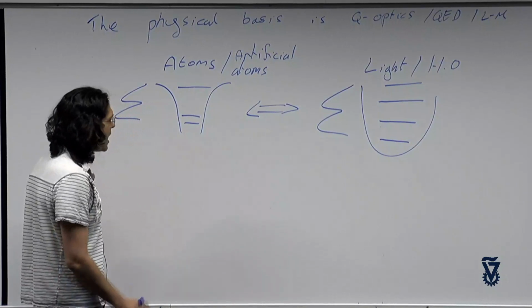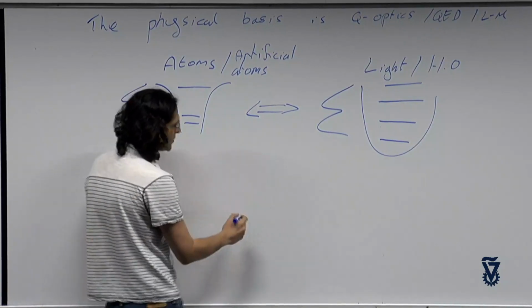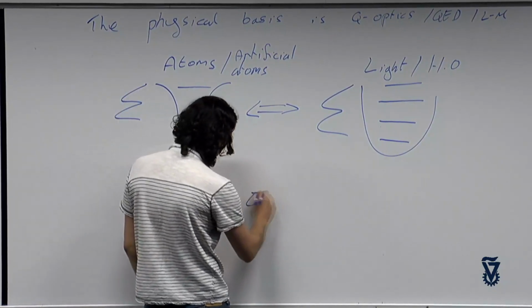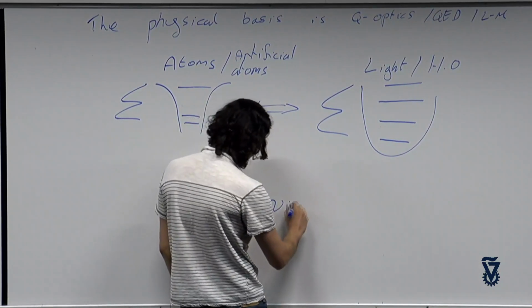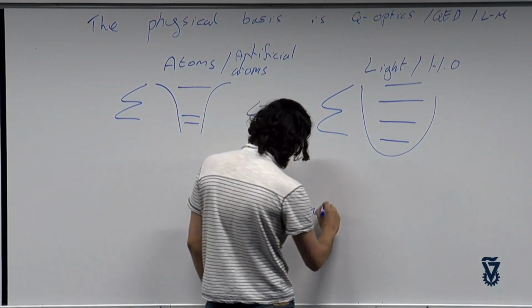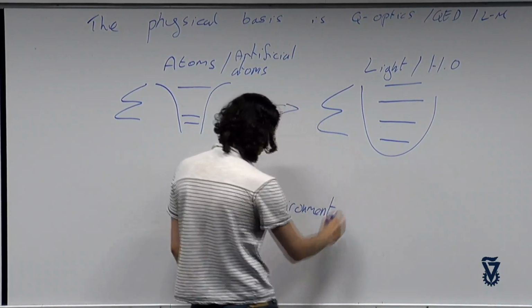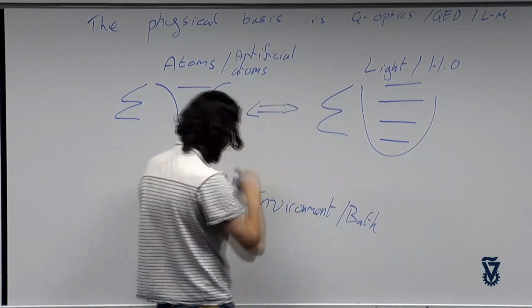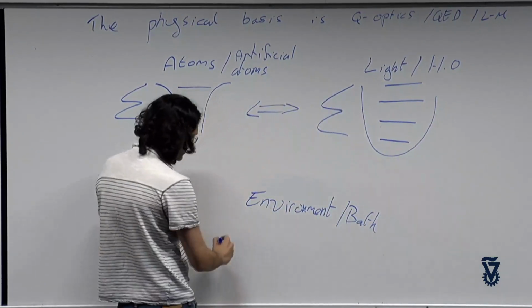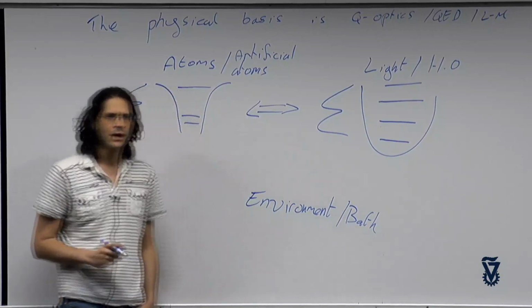Okay. And these can also interact with the environment. So we'll put the environment down here. Or sometimes we like to call this a bath. Environment or a bath. And the environment or a bath is also what? How do we model this?